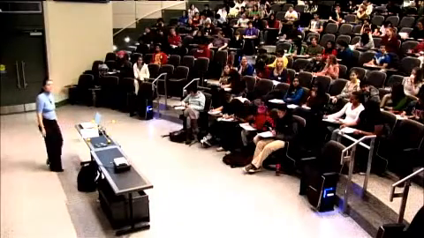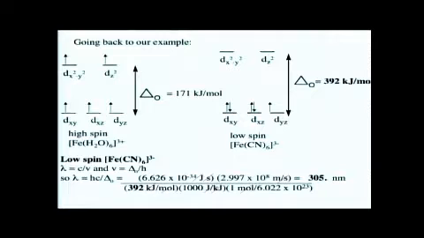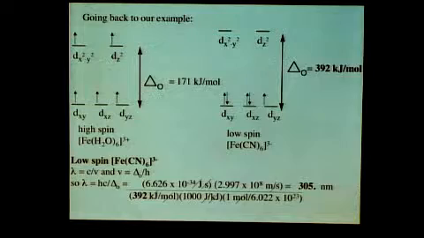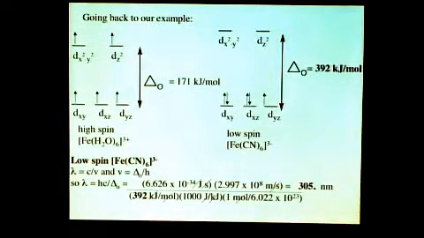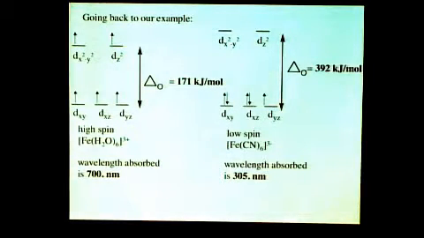All right, so now let's do the same thing for the low spin system with the cyanide ligand. We plug in our 392 here, and we get 305 over here. And so that is a much shorter wavelength of light. So again, light absorbed for the compound with water, 700 nanometers, and the compound of iron with cyanide, 305.